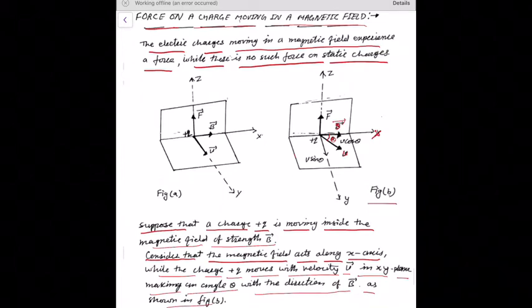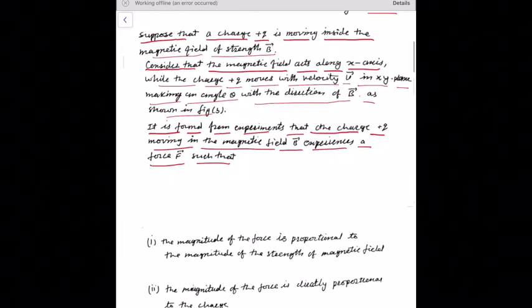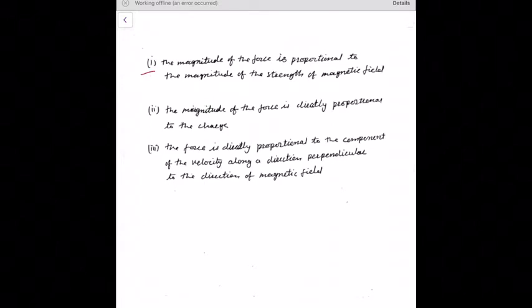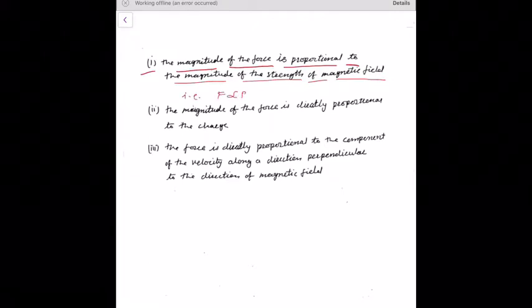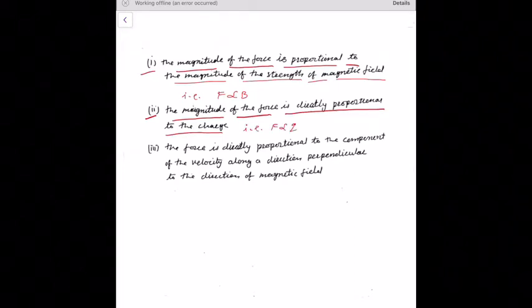It is found from the experiments that the charge plus q moving in the magnetic field B vector experiences a force F vector such that, first, the magnitude of the force is proportional to the magnitude of the strength of magnetic field, that is F is proportional to B. And second, the magnitude of the force is directly proportional to the charge, that is F is proportional to q.